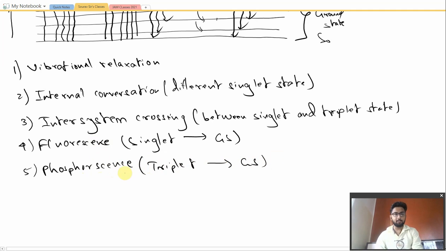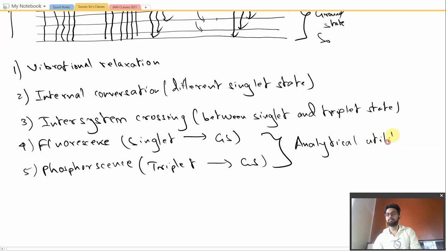Thus, the fluorescence and phosphorescence data are extremely important because these two processes are used analytically to determine various things, like what kind of molecule it is, the nature and structure of the molecule, X-ray determination, and what not.